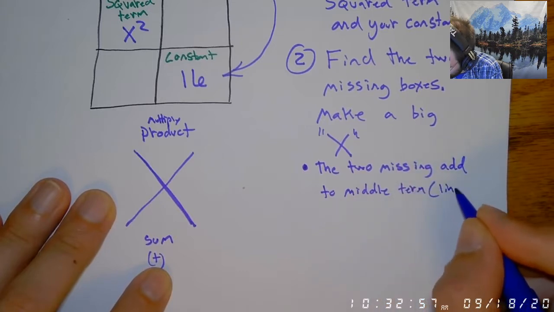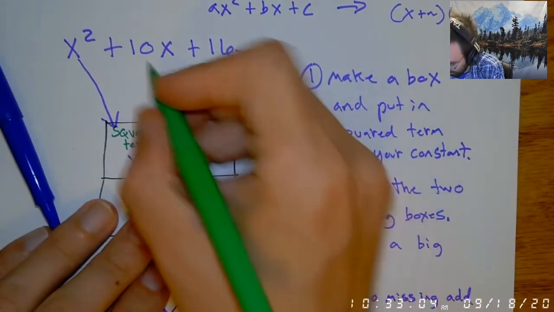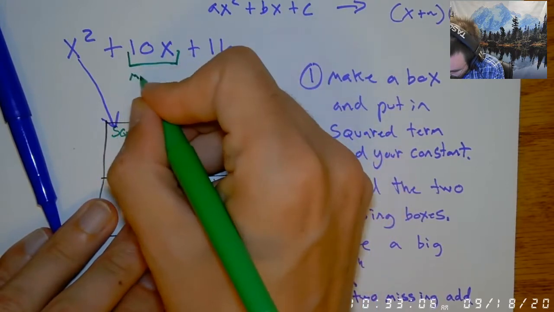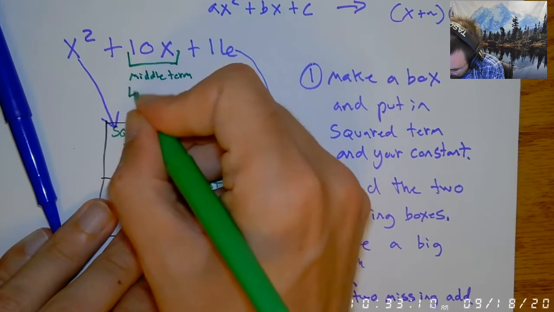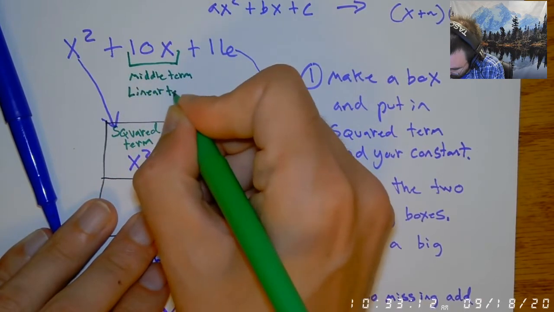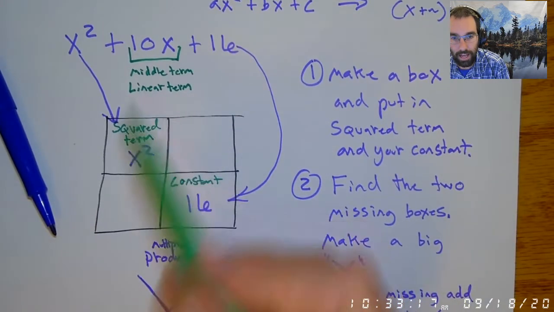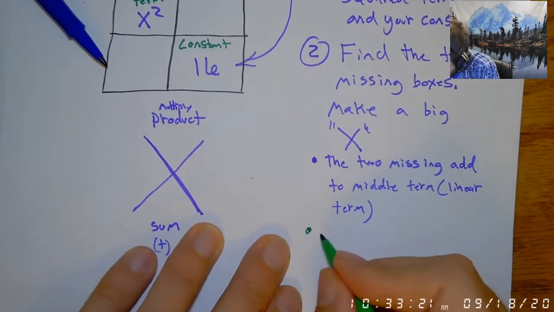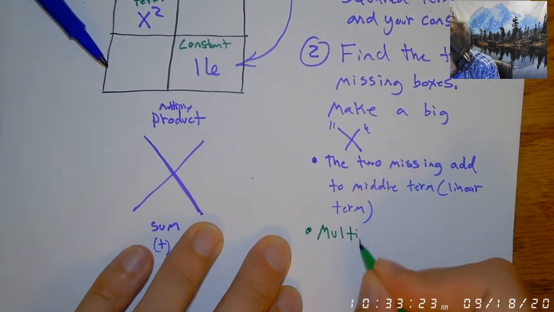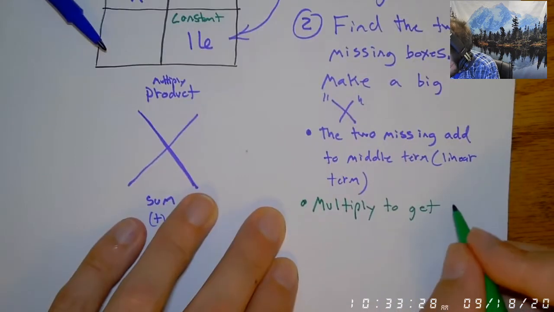This is called the linear term. So up here, I'm going to add that. So this is the middle term or linear term. Okay, so these 2 numbers are going to add to that linear term, and they're going to multiply to get the constant.